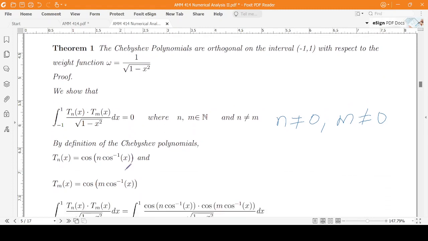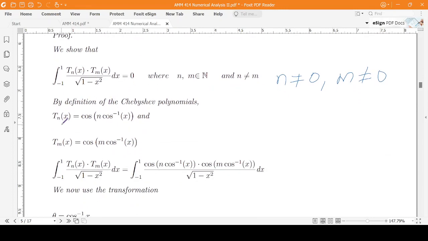Now, by definition of the Chebyshev polynomial, we write Tn of x is cosine of n times cos inverse of x, and therefore we can replace n here with m and write Tm of x is equal to cosine of m times cos inverse of x. Then we can substitute in the integral and write cosine of n cos inverse of x times cosine of m cos inverse of x divided by the square root of 1 minus x squared.